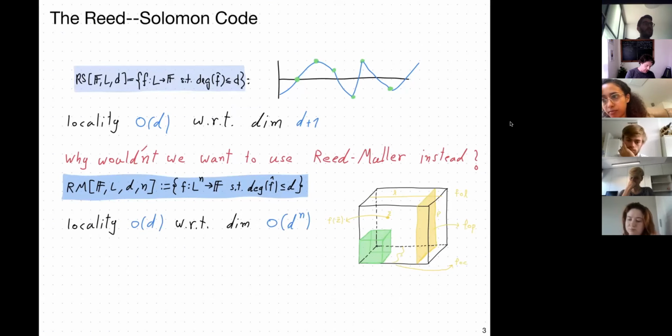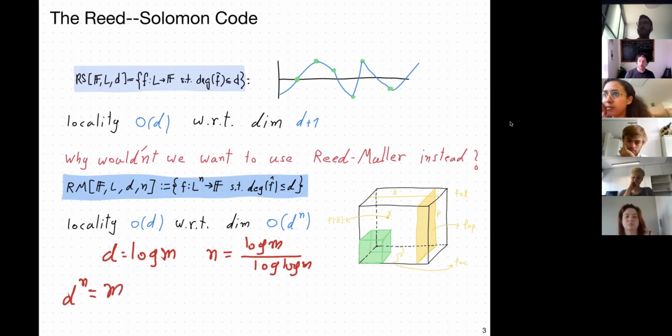Suppose I'm choosing D to be log of M for some parameter M, and I'm choosing n to be log M over log log M. You might ask, why did I choose this weird thing? It's just because if I do that, then when I write D to the n, I get exactly M.